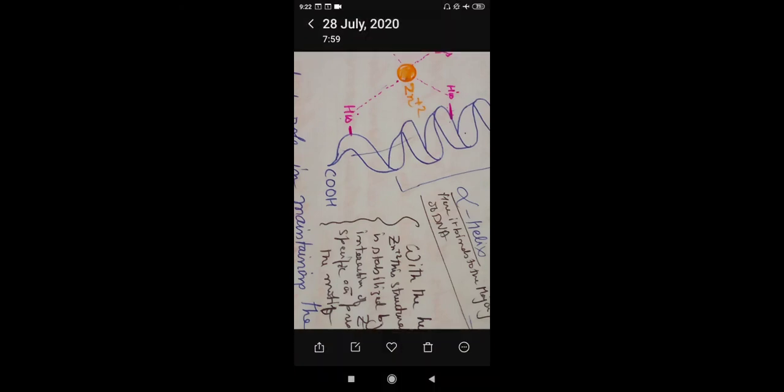Again I repeat, with the help of this zinc ion, this structural motif is stabilized by interaction of zinc with specific amino acids present in the motif.